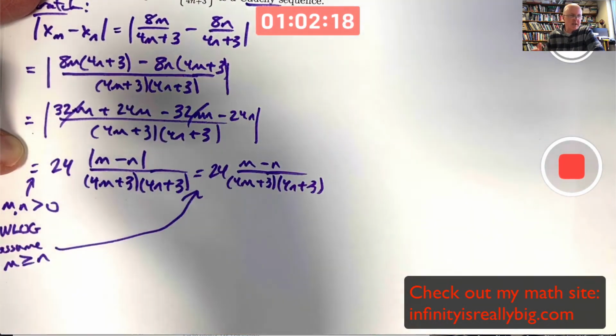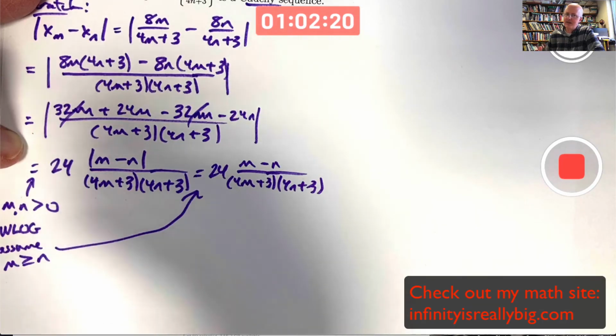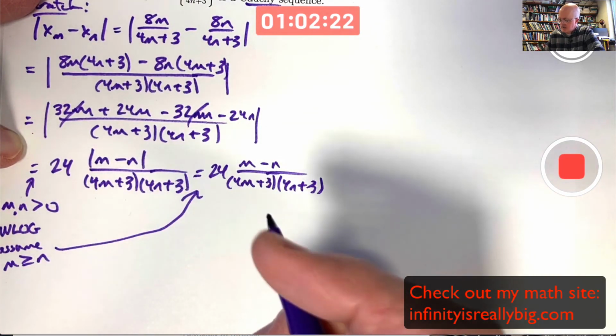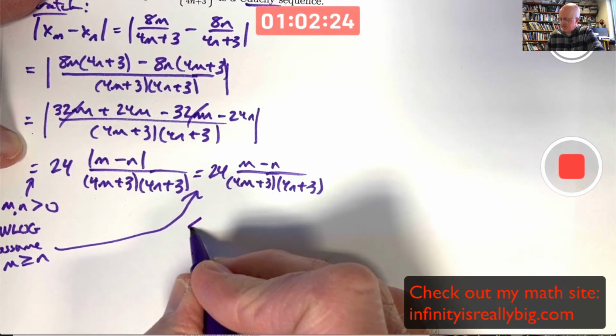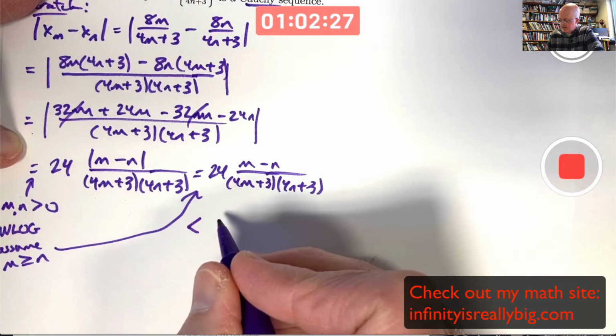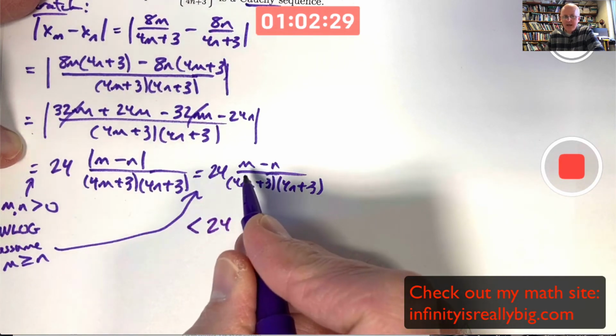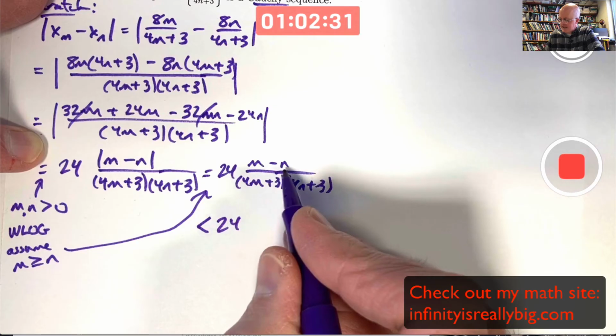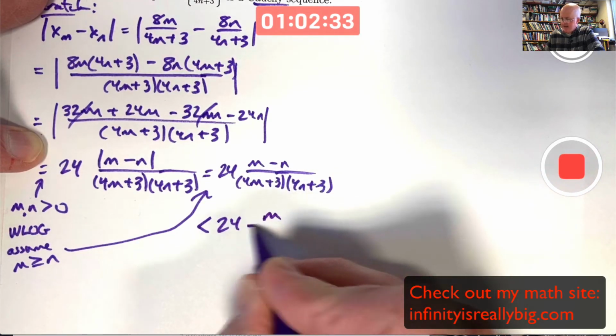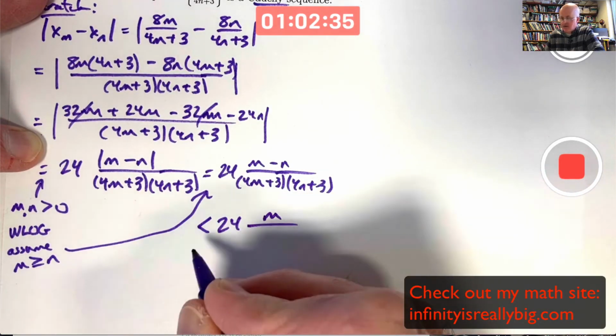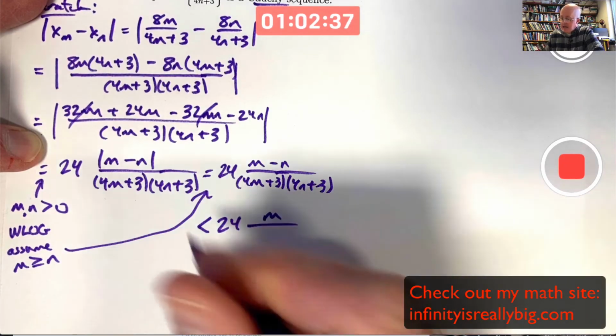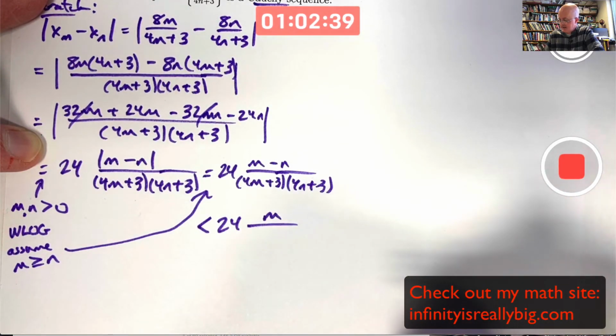I mean, we're trying to ultimately say this is less than epsilon if m and n are sufficiently large. Why don't we just use some inequalities to simplify this? Less than 24. m and n are both positive, so if I replace m minus n with just m, that's okay as long as I have a less than sign. It's not equal, but I can put a less than sign.